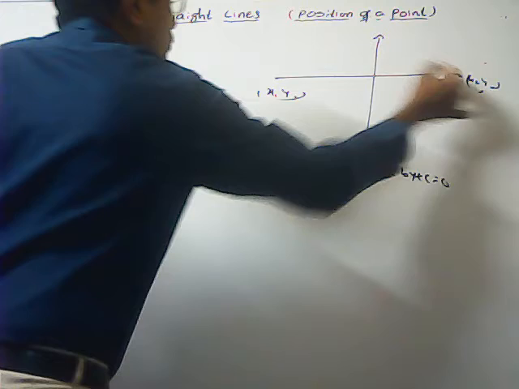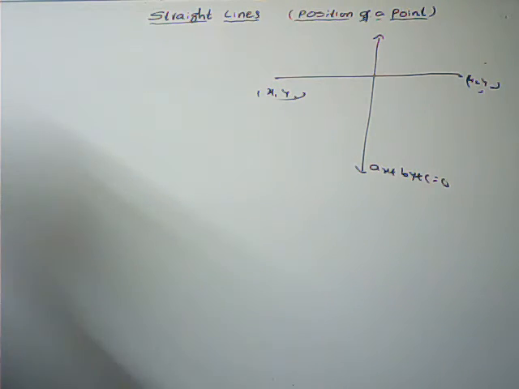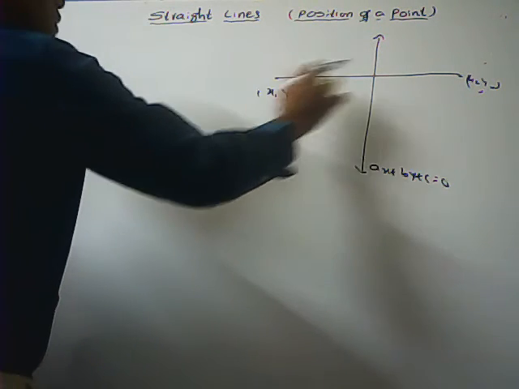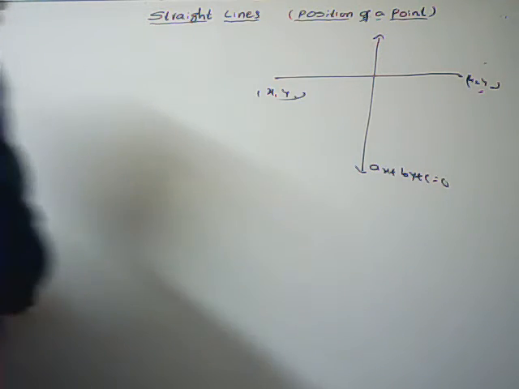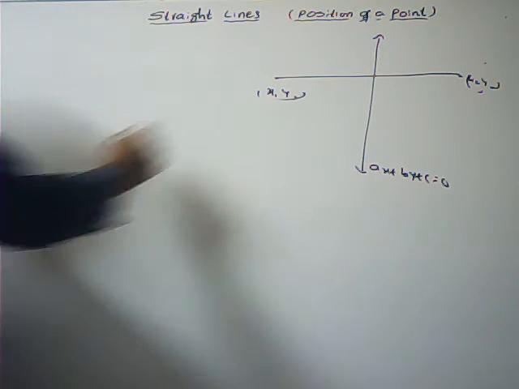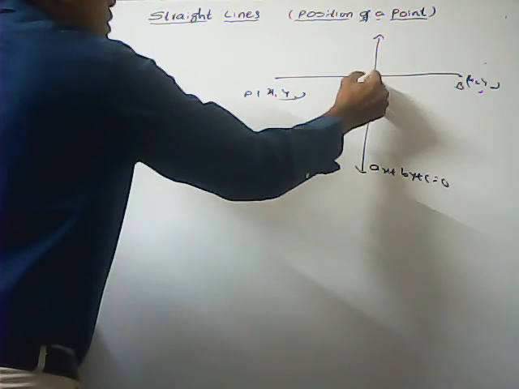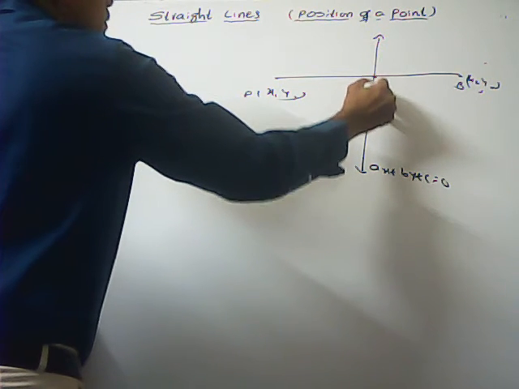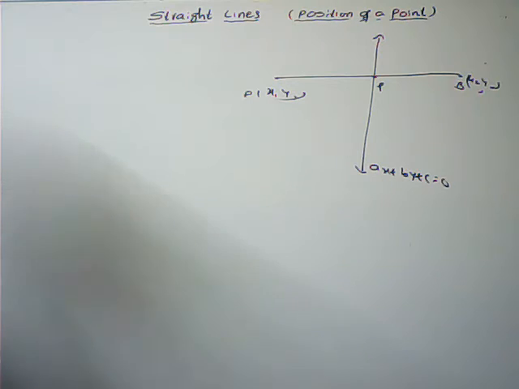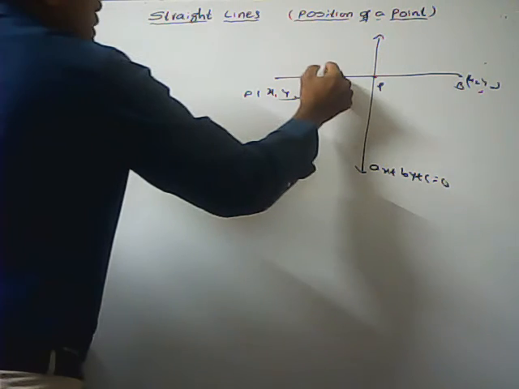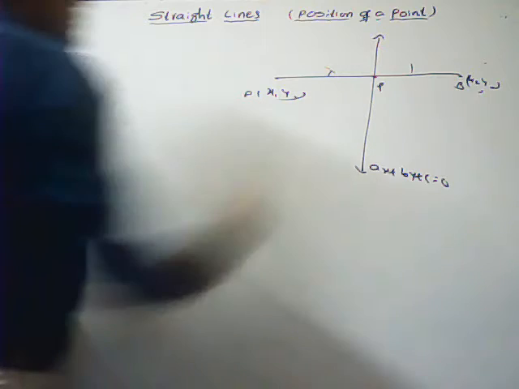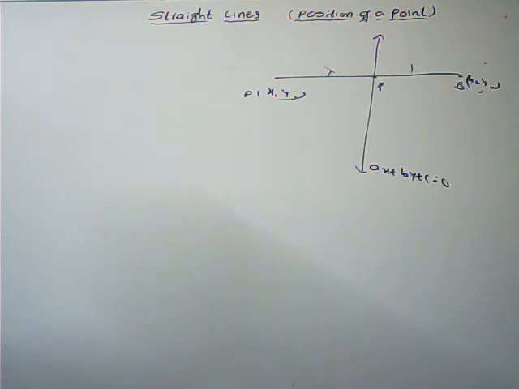The ratio in which the line ax plus by plus c equals 0 divides the line segment joining the two points x1, y1 and x2, y2. Here I am taking this one as A and this as the B point. Let P be the point of intersection of the line segment and the line, dividing AB in the ratio lambda is to 1, or m is to n, you can take anything.